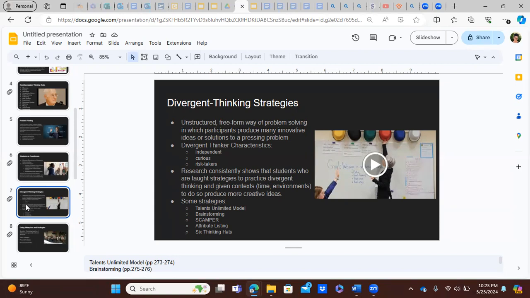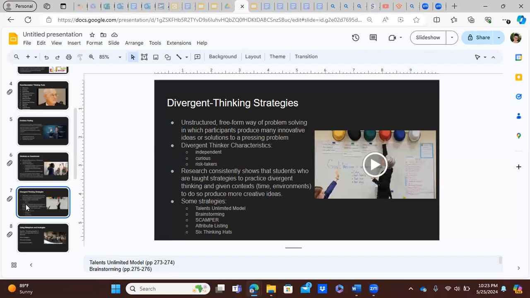The research consistently shows that students who are taught strategies to practice divergent thinking, and are given context, such as time and environments in which to play around with this divergent thinking, produce more creative ideas. And more here is kind of misleading. It's quantity and quality. They come up with a greater number of creative ideas, and the ideas themselves are more creative.